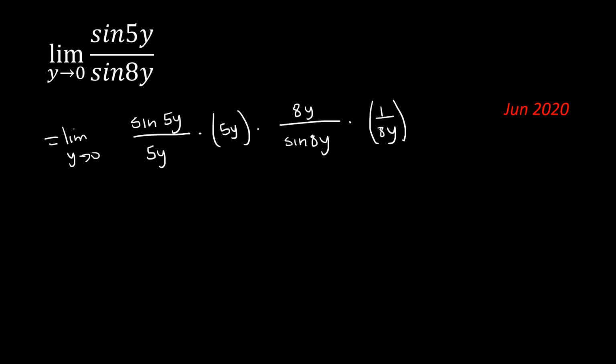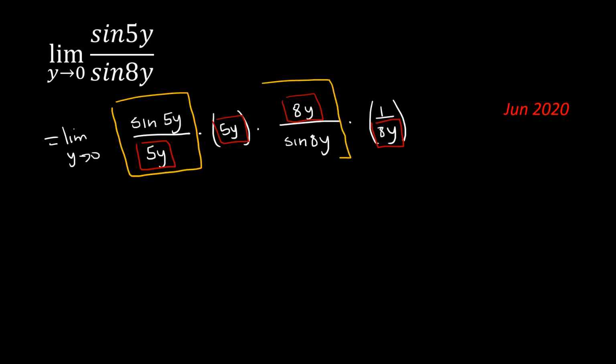If you see, this 5y and this 5y cancel, 8y and 8y cancel, so we are still back at sine 5y over 8y. Now we can see that this equals 1 and this equals 1.